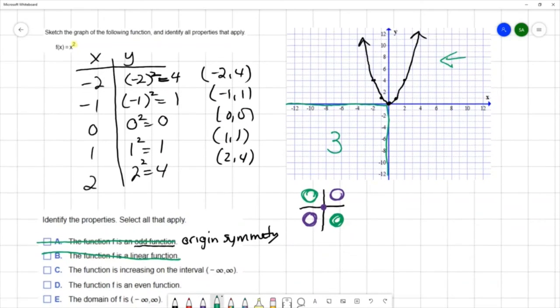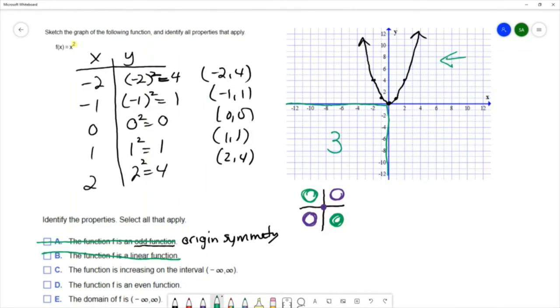The next statement says the function is increasing on the interval from negative infinity to infinity. As I look at this graph, starting from left to right, my y values are decreasing along this section and increasing along this section.